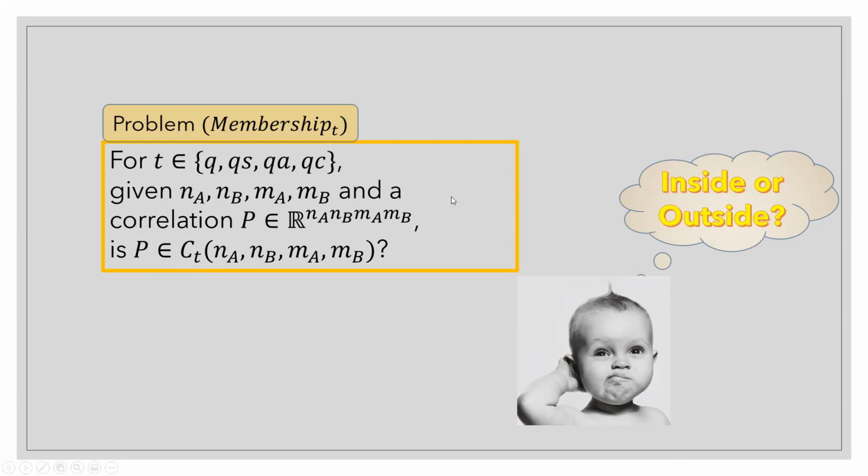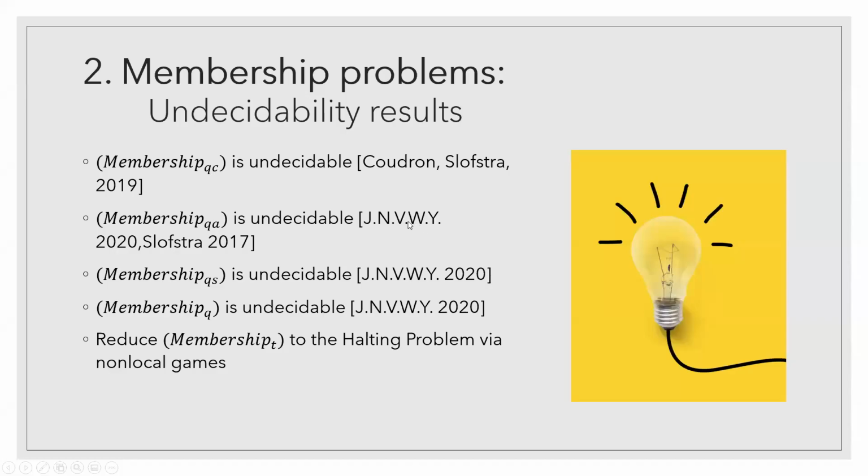However, now we know this problem is actually undecidable for all the four models of quantum correlations. They study a related problem, which is to determine if the maximal quantum winning probability of a nonlocal game is 1 or below 1. And these results imply that there exist some families of correlations such that determining the membership of the correlation in this family is equivalent to deciding if a Turing machine halts or not.